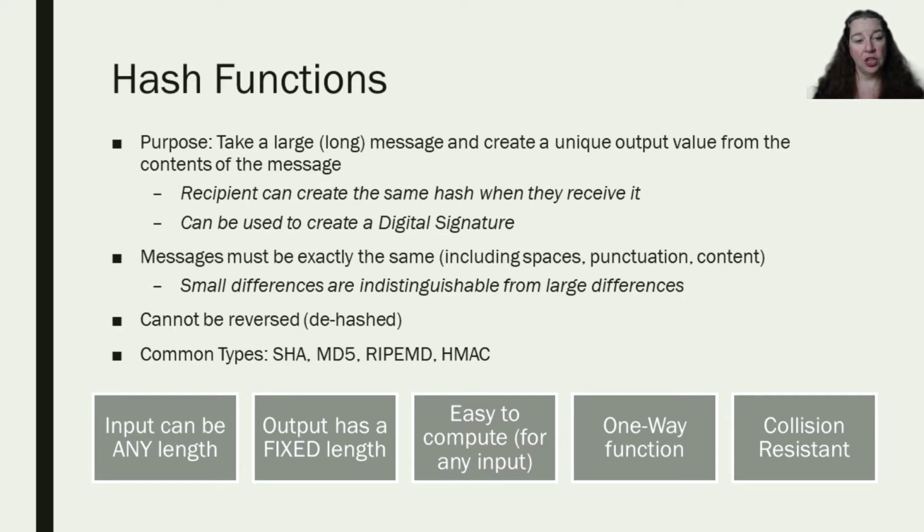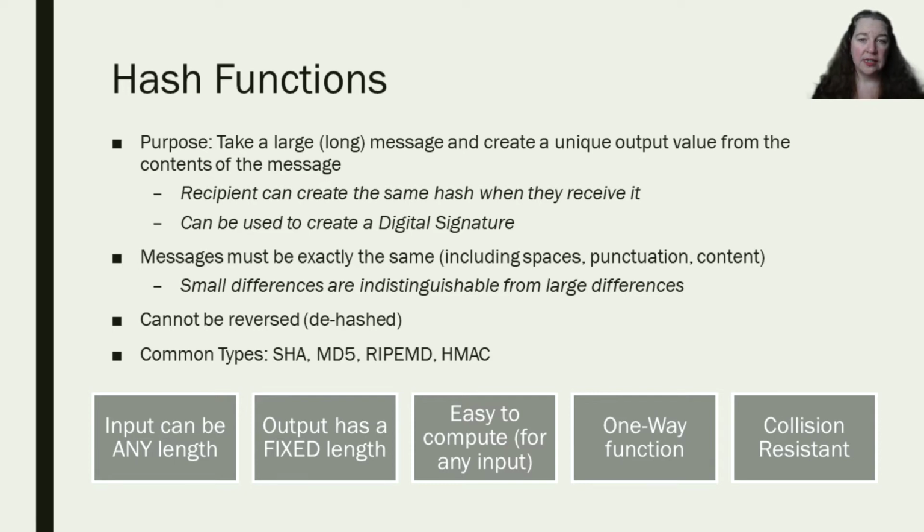Any change in the file over time will result in a different digital signature. So we can use hashing to be able to take a file, take a message, and be able to create a unique output which can be used to verify or validate that data.